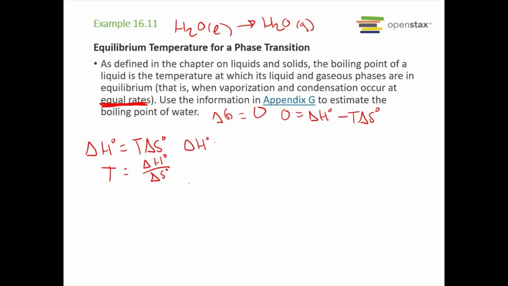So then delta H is going to equal 1 mole of our product, since it's just a 1 for its stoichiometry, and the enthalpy for gaseous water here is negative 241.82 kilojoules per mole.